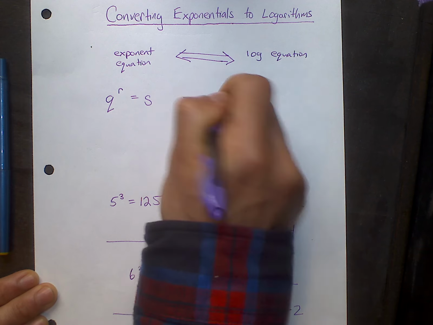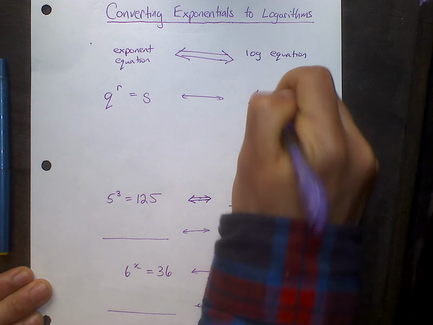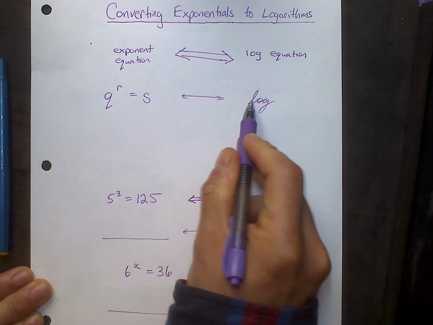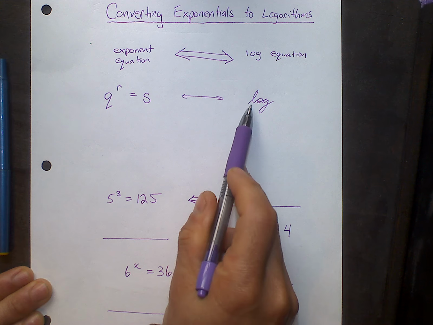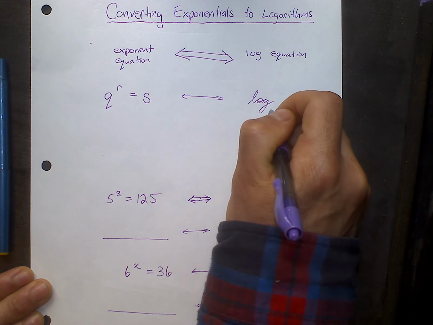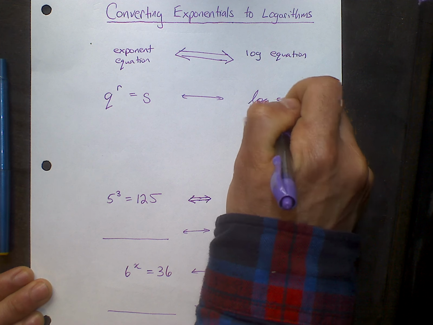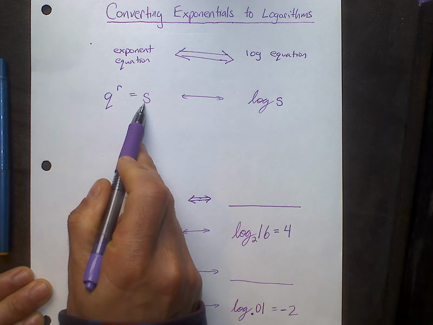In the log equation, I write the word log. That's L-O-G. I like to write it in my script writing so it doesn't get confused with numbers. In this case, I'm taking the log of what was the output of the previous equation when it was in exponential form.